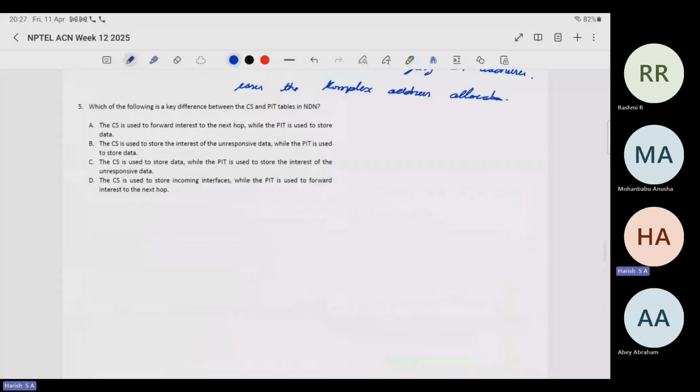Which of the following is a key difference between CS and PIT tables? So what is this PIT? PIT is nothing but pending interest table, and CS is nothing but content store. Basically different names, that's all.